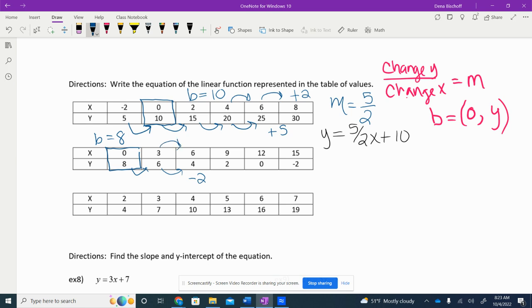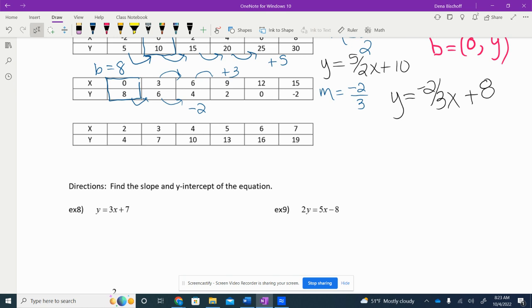And what am I doing on the x? I'm adding 3. So my slope is my change in y, -2, over my change in x, 3. So what is the equation for this second table? Yeah, y equals -2/3x plus 8. Awesome job.